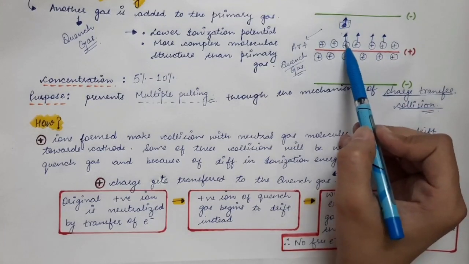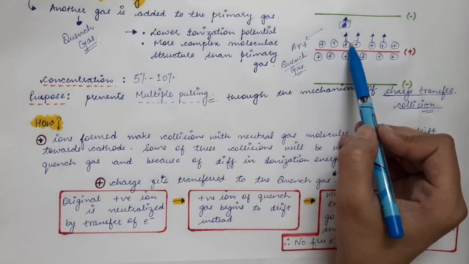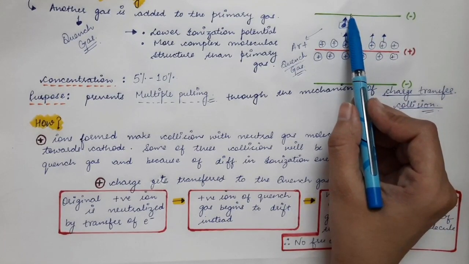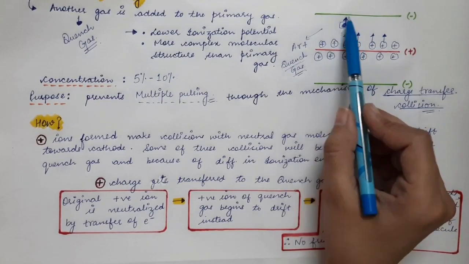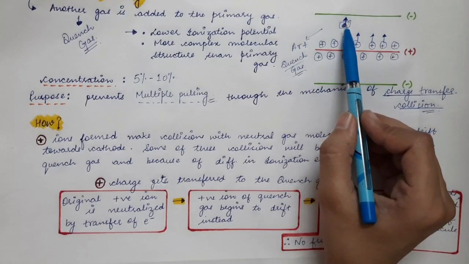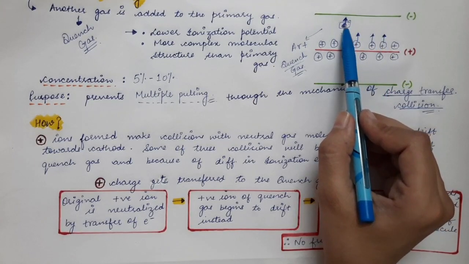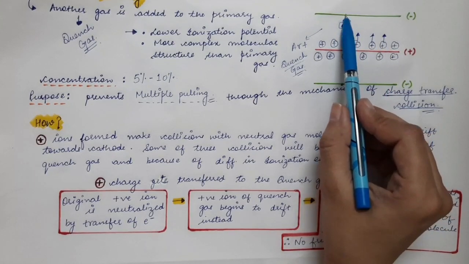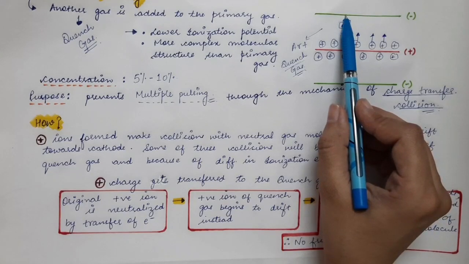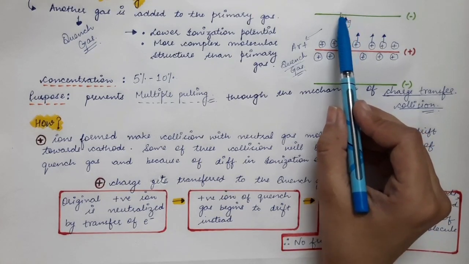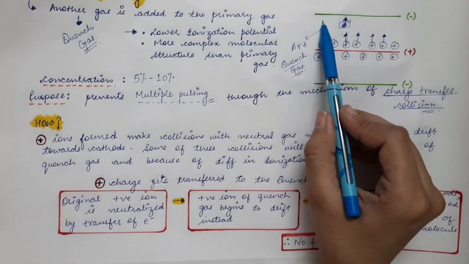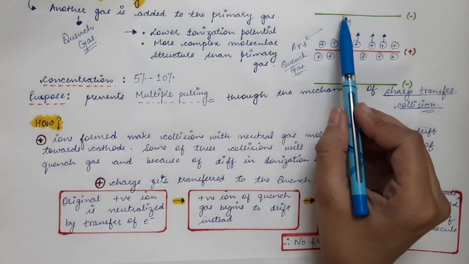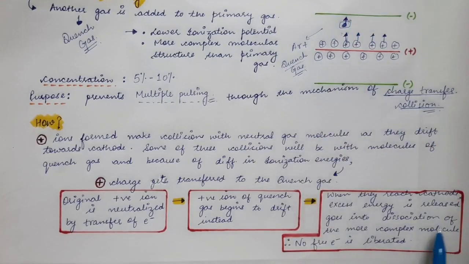When positive ions collide with the cathode walls, free electrons could normally be released from the cathode wall. But when these ions of the quench gas hit the cathode wall, the excess energy is not used in the release of a free electron, but in the dissociation of the more complex molecule.